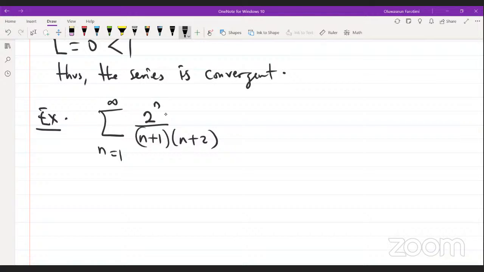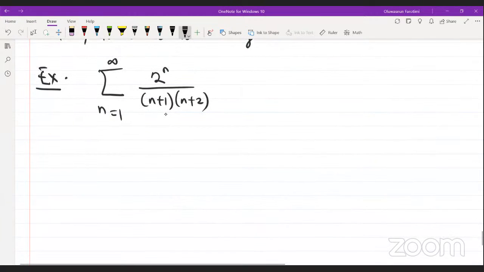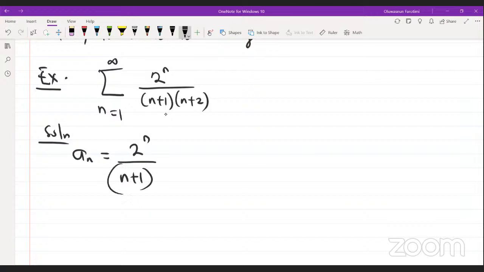Okay, so let me see, just making sure I have the correct problem. Okay, so this is 2 to the power of n, divided by n plus 1, yes, n plus 2. Now, we really want to use the ratio test. So what is my a_n? 2 to the power of n divided by n plus 1.